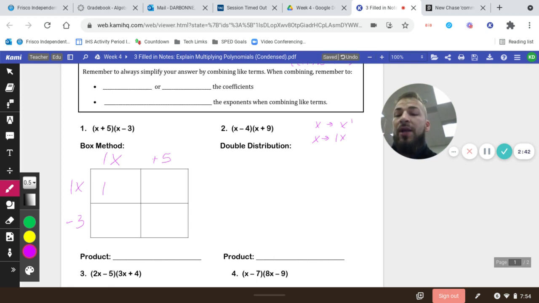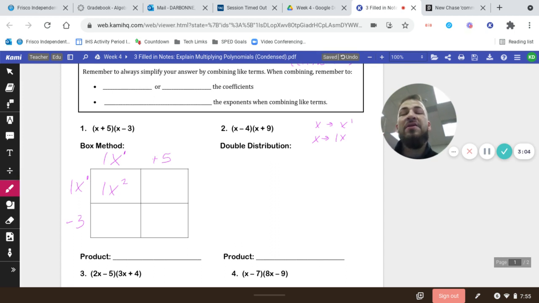Then x to the first and x to the first, I add 1 and 1 to get x squared. So we multiply that coefficient of 1, but we add those exponents of 1.